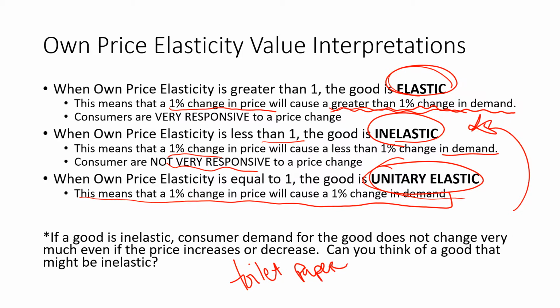So there are other staple products that you might be able to think of that no matter whether the price raises or lowers, you are going to probably buy the same amount. Bottled water might be one of those as well. Some of those necessities are things that tend to be inelastic.